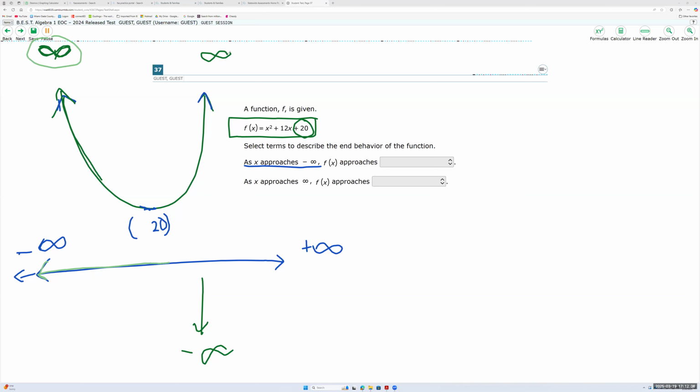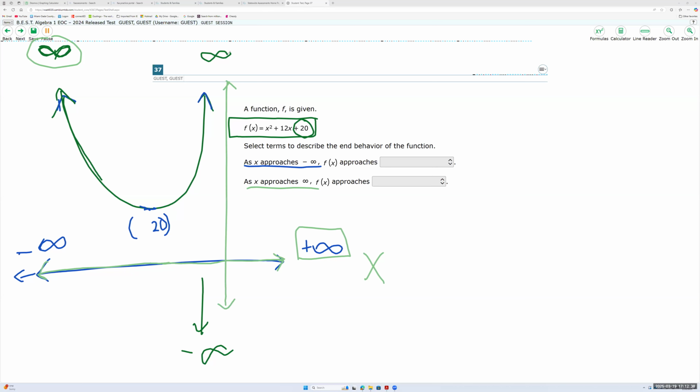And as x approaches positive infinity, so as I go the other way, on the right side of the parabola, that's positive infinity for x. Wherever y is, it says plus 12, so I'm assuming that y may be over here, I don't know. That's not the point.